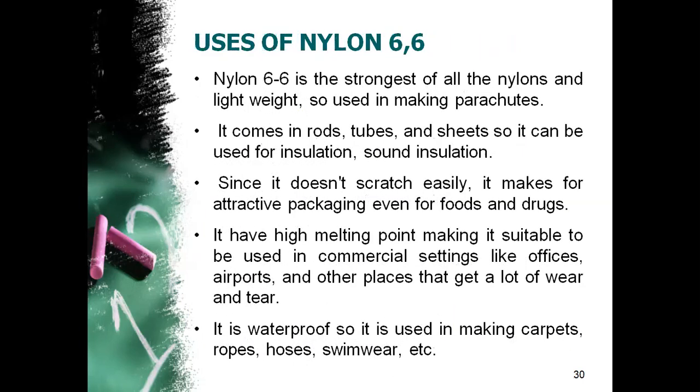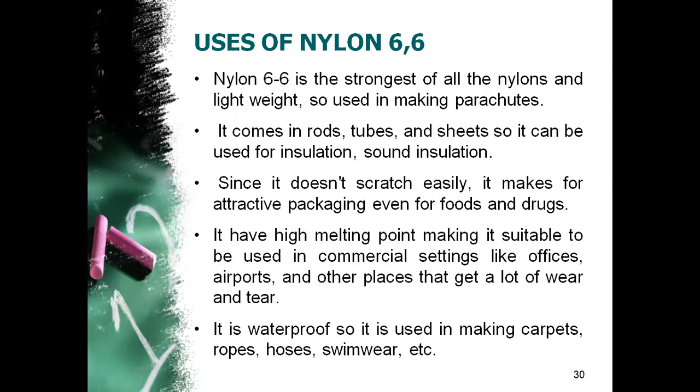Now let us see some important uses of nylon 6,6. Nylon 6,6 is the strongest of all nylons and it is lightweight, so it is used to make parachutes. It comes in the form of rod, tubes and sheets. It can be used for insulation, specifically sound insulation.